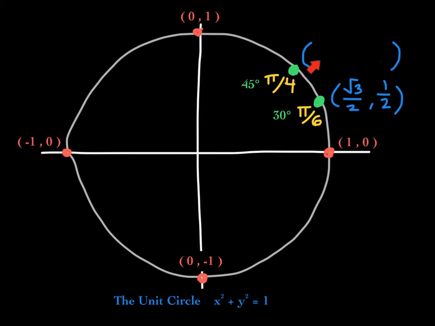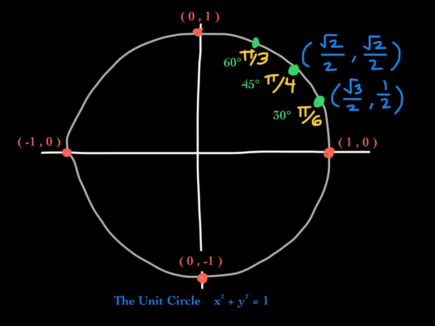But x is defined in our definition as cosine of s, which is cosine of pi over 4. So it'll be root 2 over 2. The y-coordinate is defined to be sine of s, sine of pi over 4, or sine of 45 degrees, which is root 2 over 2.